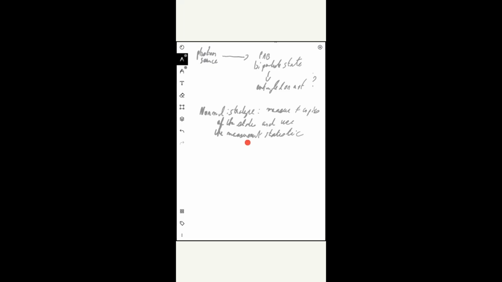And more specifically, it could be nice if you could construct an observable W such that the trace of rho AB W is superior to zero for all separable rho AB.